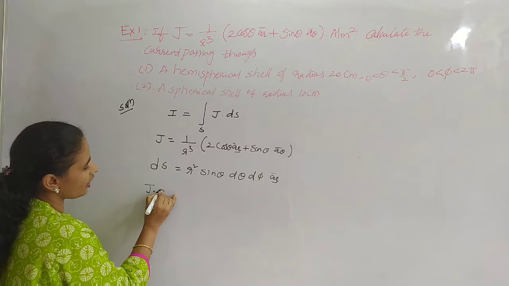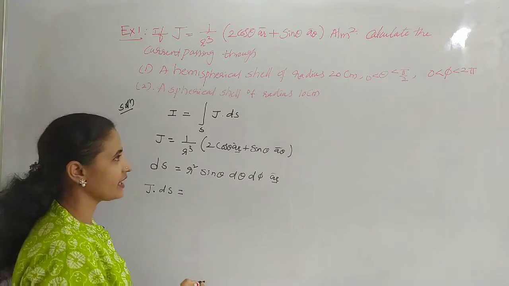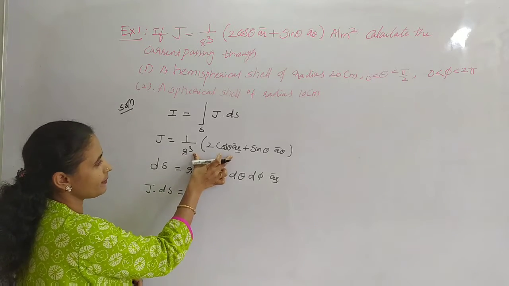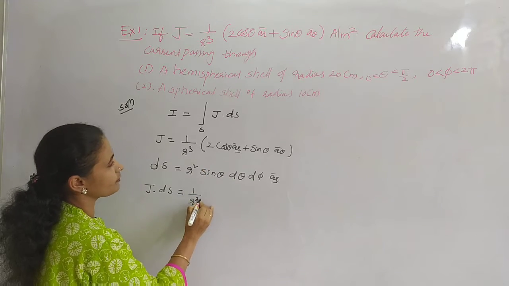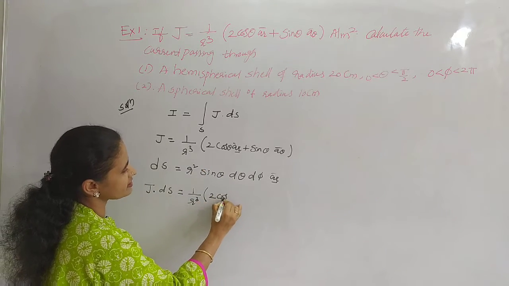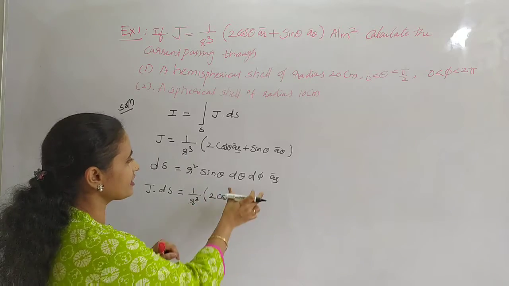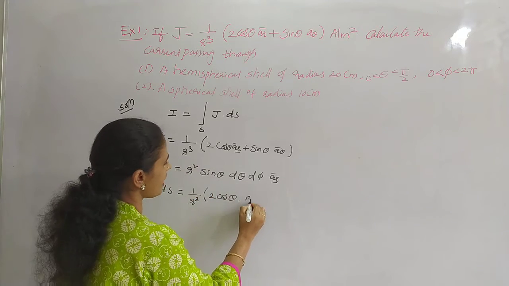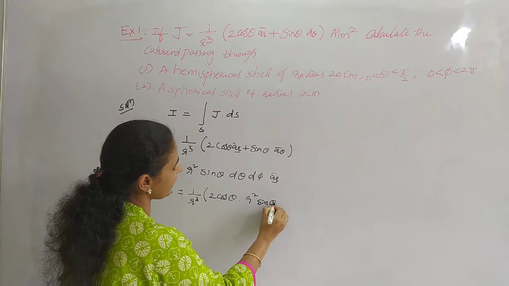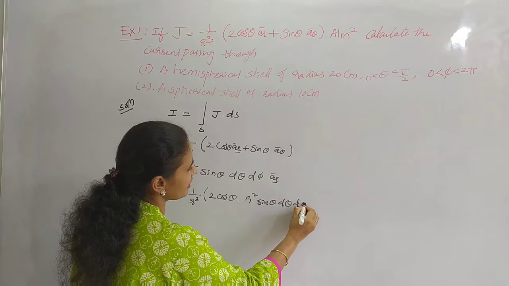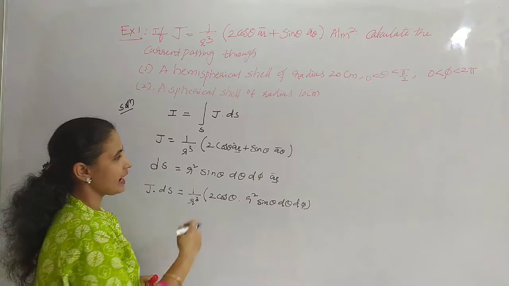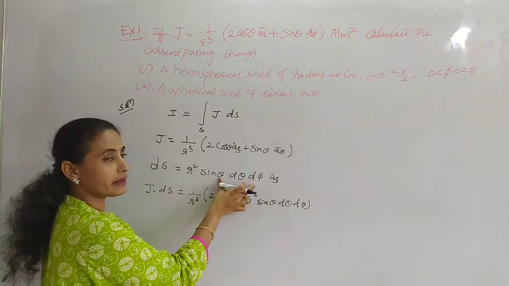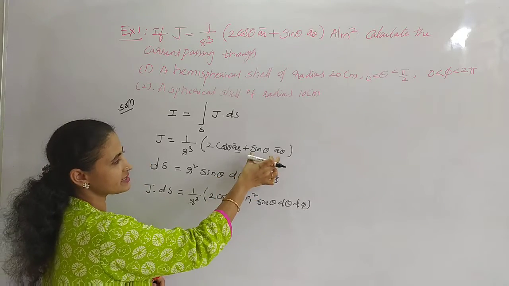So J dot dS is 1 by r cubed times 2 cos theta, multiplied with r squared sin theta d theta d phi, and dot product of a_r with a_r is 1, plus the product of dS with the second term.